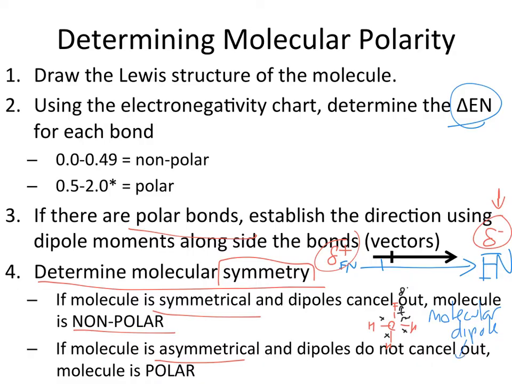And if we have an overall molecular dipole, it means that the molecule is polar. Okay? So we have to look for that molecular dipole, and if we have that, we know that the molecule is going to be polar. The molecular dipole is basically a sum of the bond dipoles.